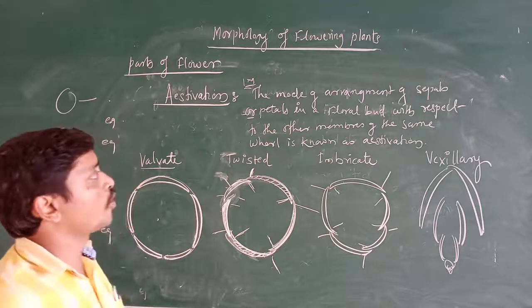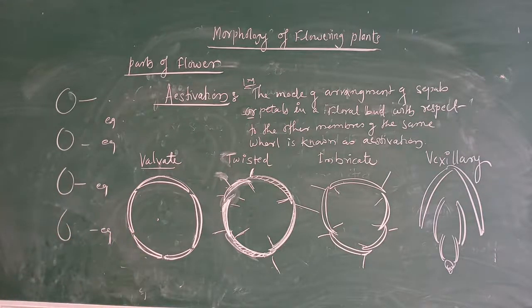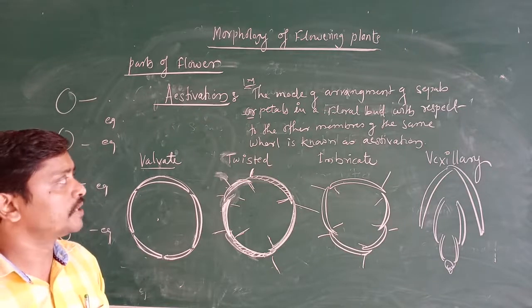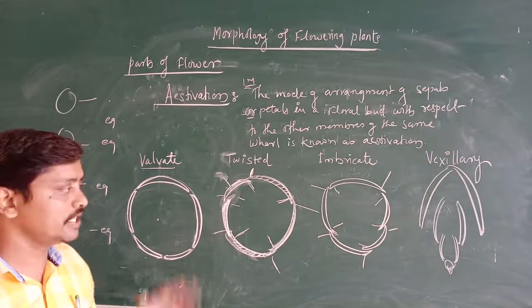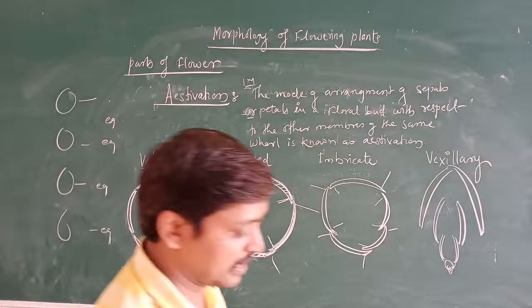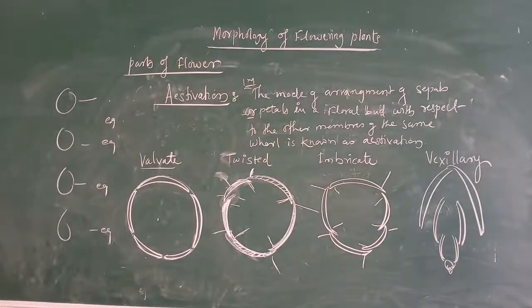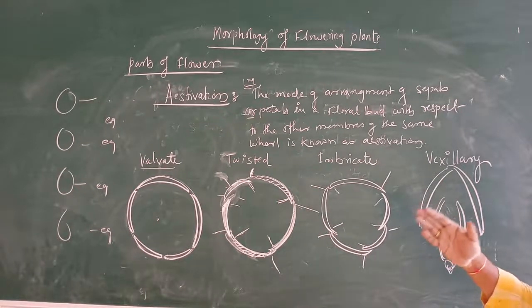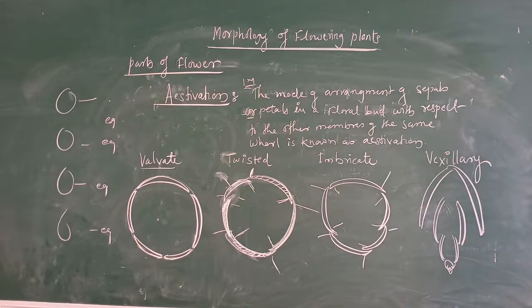Aestivation is the mode of arrangement of the sepals and petals in a floral bud with respect to the other members of the same whorl. The kinds of aestivation are valvate, twisted, imbricate and axillary. Write the example for each. With this, I am going to stop here, and in the next class we will start discussing the androecium. Okay, thank you.